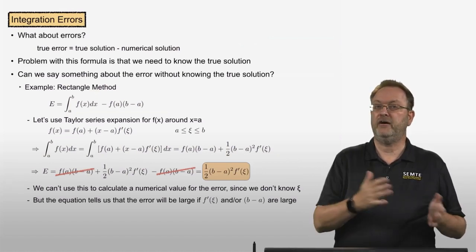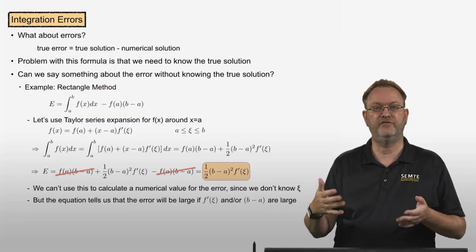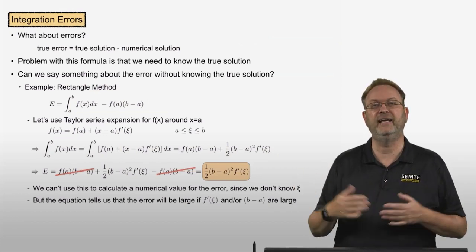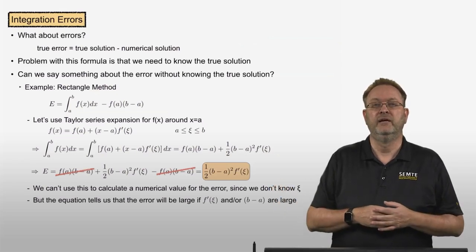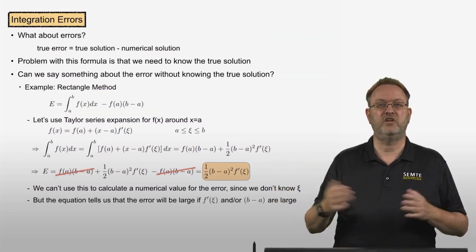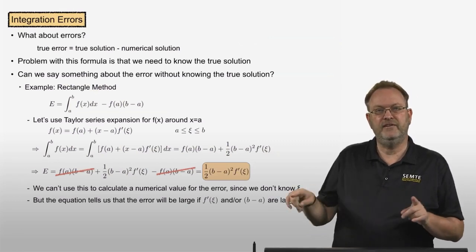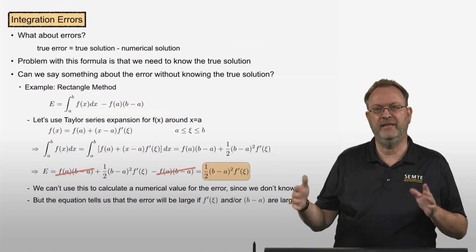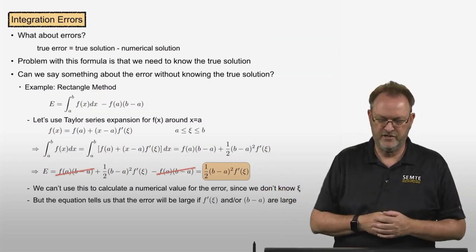It tells us that the error will be large if the derivative of f, so if f prime at this psi, is large, and or the error will be large if b minus a is large, meaning the area over which I'm integrating. When that is large, if b is far away from a, I will make a large error.